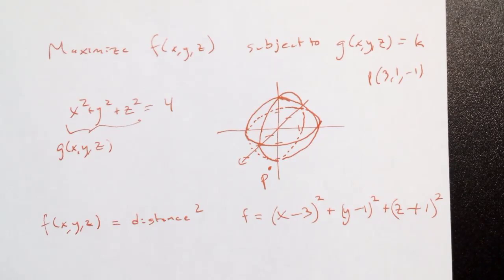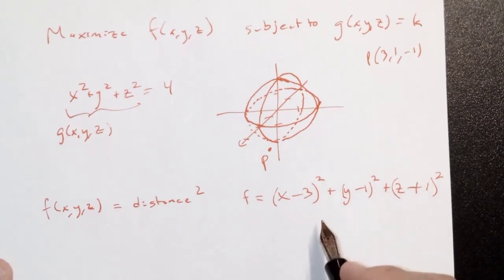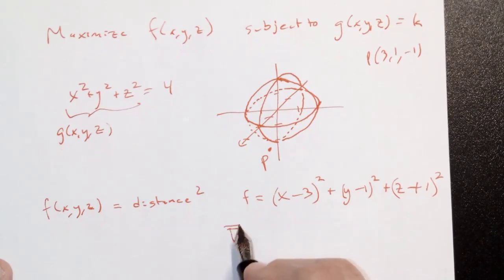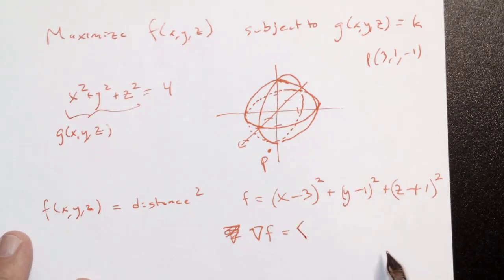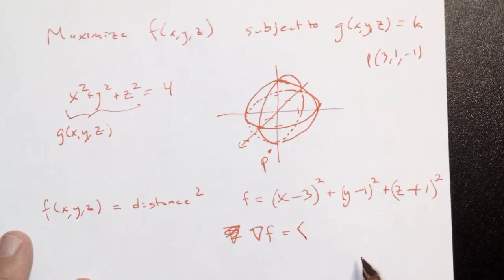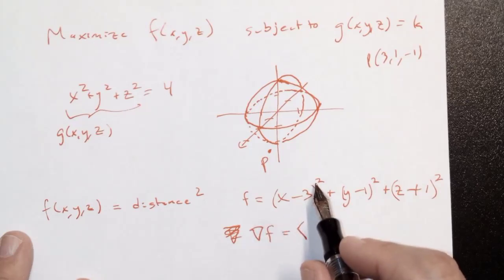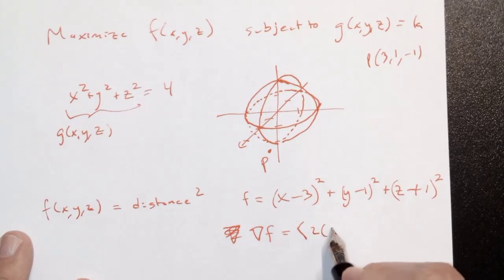So when I set up my equations, I need the gradient of f. What's the gradient of f? That's squared, so its derivative is 2 times x minus 3.